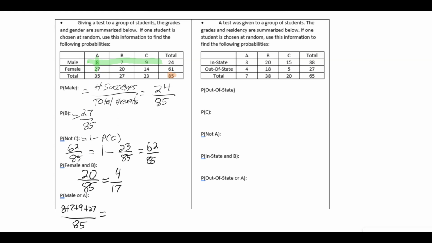This would give us 51 out of 85. And this does reduce. You can divide by 17 and get 3/5.